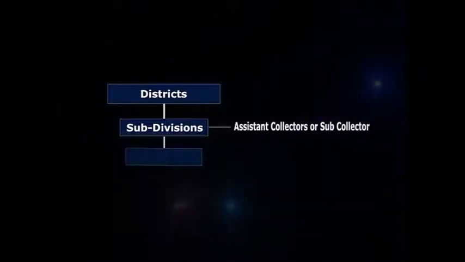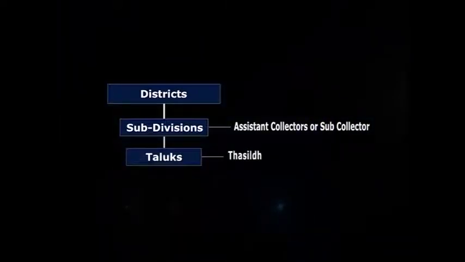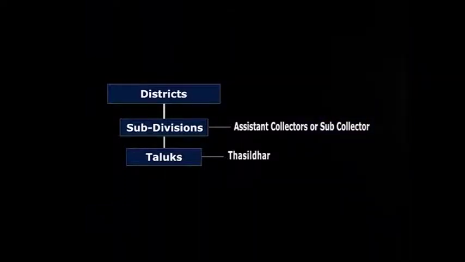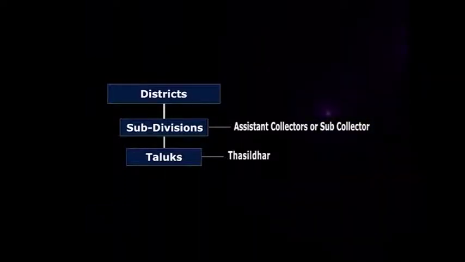Most of the districts in India are divided into 2 or more subdivisions, each in charge of an assistant collector or sub-collector. Its division is again divided in taluks in charge of a tahsildar. A taluk usually comprises between 200 to 600 villages.